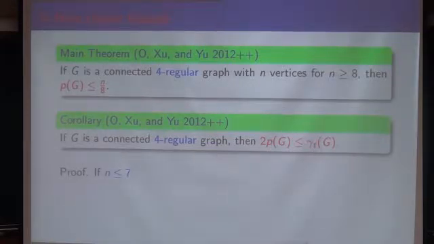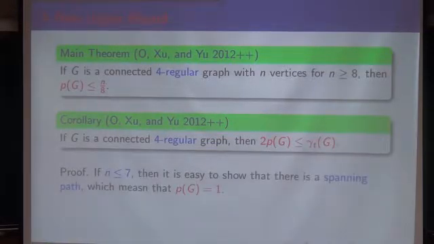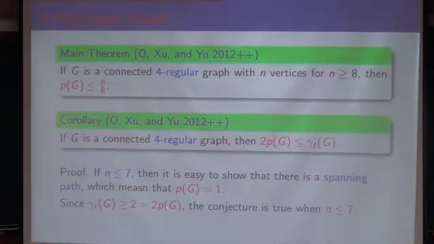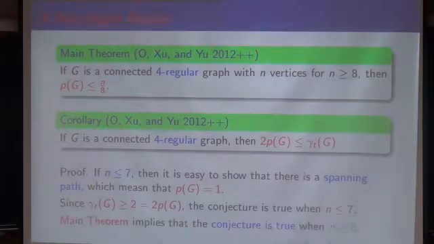Because if n is less than or equal to 7, it's easy to show that there is a spanning path. Then the path cover number is 1, so 2 times 1 is 2. So total dimension is always greater than or equal to 2. So this conjecture is true when n is less than 7. And when n is greater than or equal to 8, the path cover number is less than n over 8. So the total dimension number for a regular graph is always greater than or equal to n over 4. So this is true.